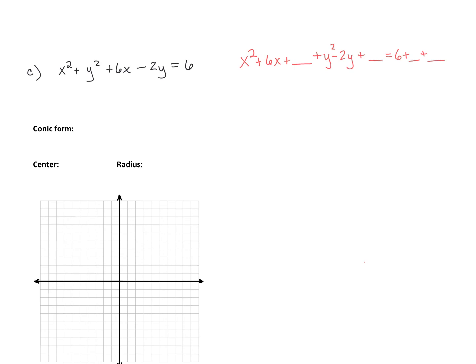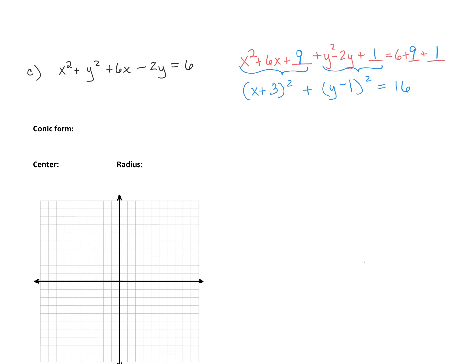Okay, so I actually have to complete the square twice, once for the x's and once for the y's. Half of 6 is 3, and 3 squared is 9, so we'll add 9 to each side. And half of negative 2 is negative 1, squared is 1, so we'll add 1 to each side. Now this is a perfect square trinomial, and it will factor as (x + 3)^2 + (y - 1)^2 = 16.